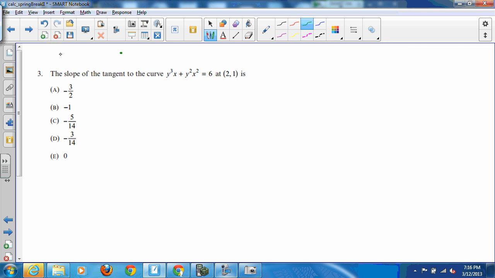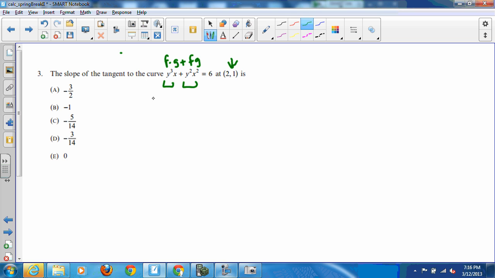Alright, moving right along. Slope of the tangent line to the curve. Here you got to do implicit differentiation and then solve for dy/dx, and then plug in the points. X is 2 and y is 1. Be careful right here. We have two product rules basically working together, right? And you're adding them together.